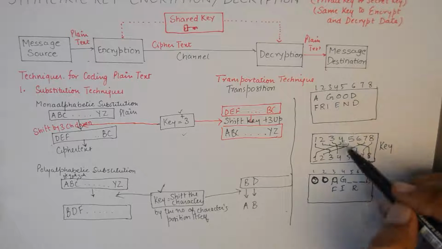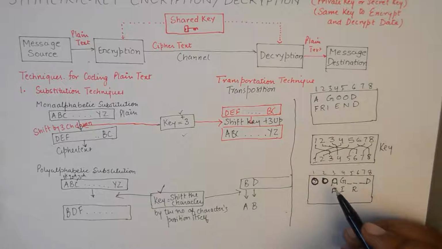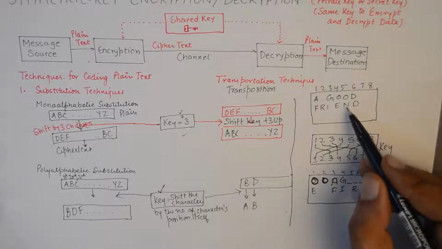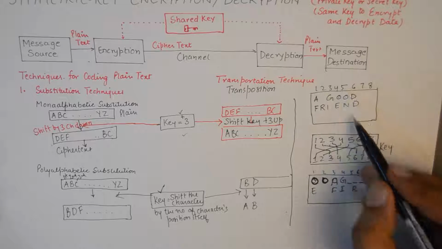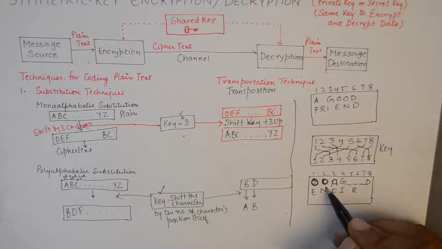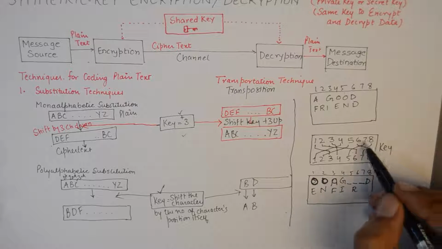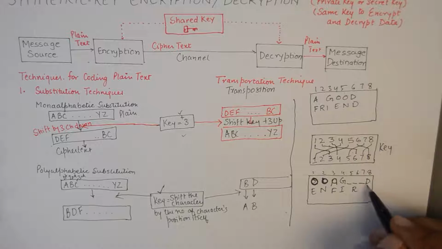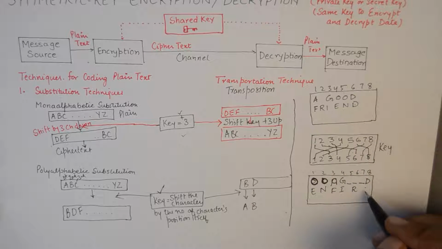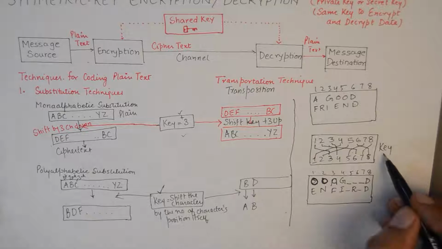E needs to go to 1st position, and N, which is at the 5th position right now, needs to go to 2nd position, and so on. So what we've gotten here is the last D at 6th position needs to go to 8th position. We get a blank here, and the blanks have shifted their positions according to this key.